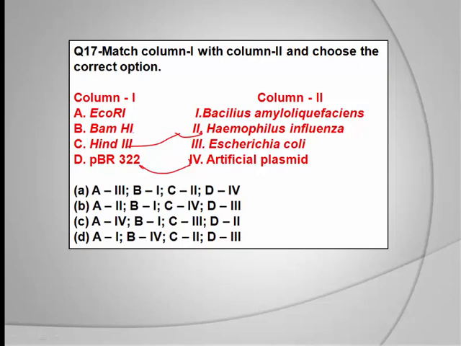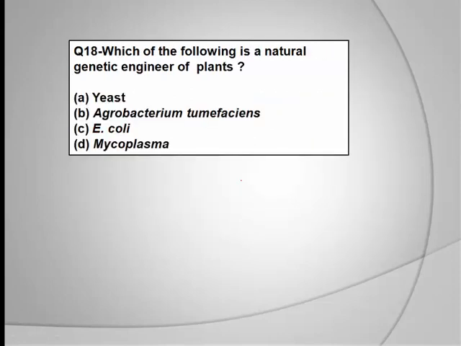Then BamHI, its source is Bacillus amyloliquefaciens, and EcoRI, its source is Escherichia coli. So EcoRI for A it is 3, for B it is 1, for C it is 2nd, for D it is 4th. So this is the right answer for the given match the following.